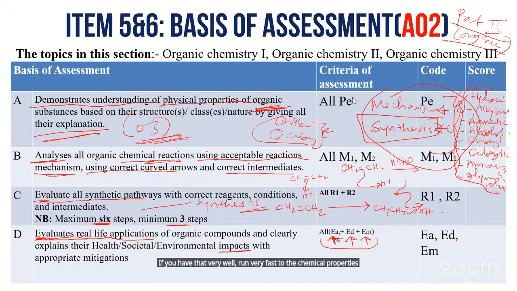Do you know how alcohols react? And can you write the mechanism for each and every reaction? Then after that, look at the application. Where are alcohols applied in our day-to-day life? Then don't end there. As you look at application, make sure you can even explain.